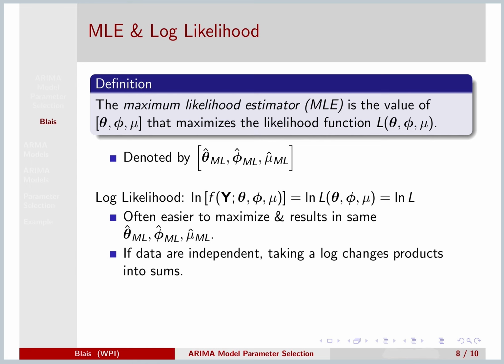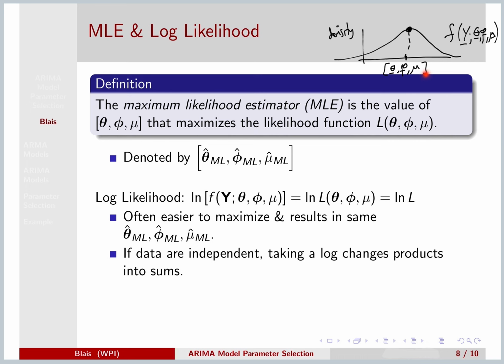So you can think of it as we'll have our theta vector, our phi vector, and mu. So imagine we're compressing this higher dimensional space into a line, and then above it here we'll have the density. We want to pick the density evaluated at our vector y, given those parameters.